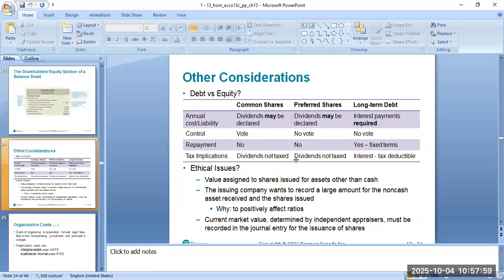Now I have assets of $100,000, and my equity in the company is $100,000. Is this ethical? No, obviously it's not. Is it going to have a positive effect on my ratios? Absolutely.